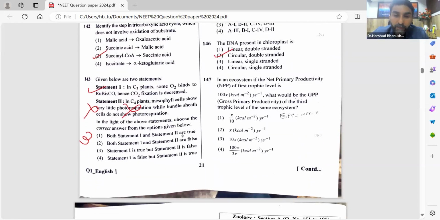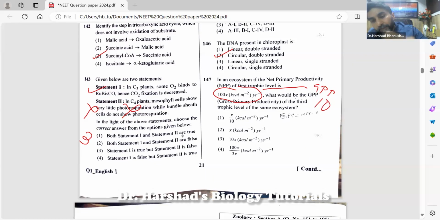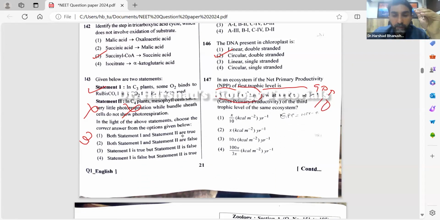Now, net primary productivity of the first trophic level. If it is 100, then the gross which is received is 10%. The gross which would be received by the second trophic level would be 10. They said net. So 100 would be received by the T2 level, because it's the net. Now, out of that 100, T2 will use only 10.